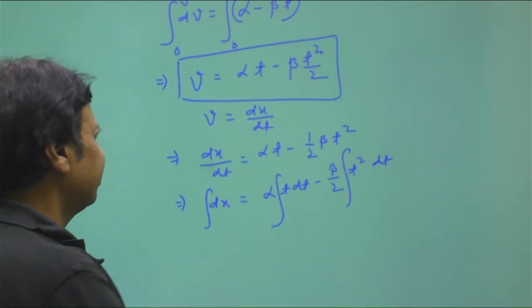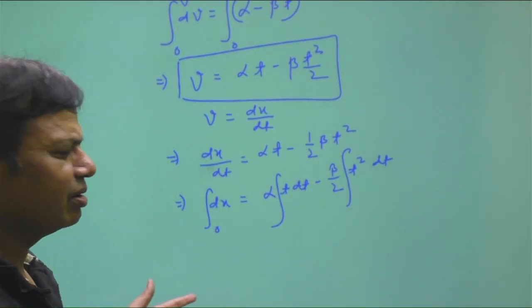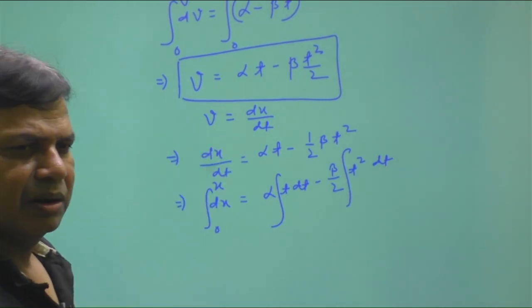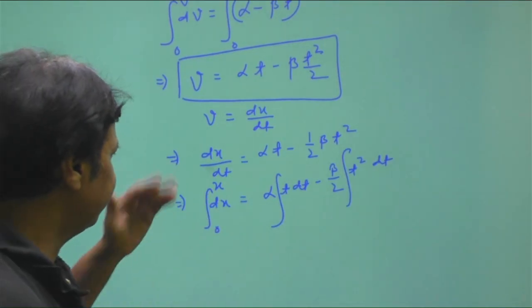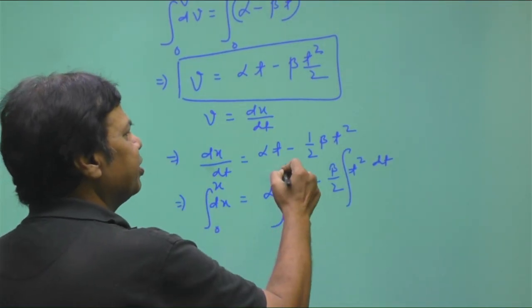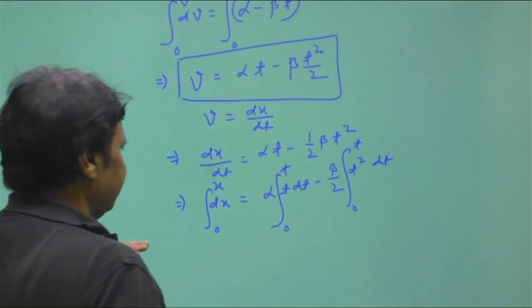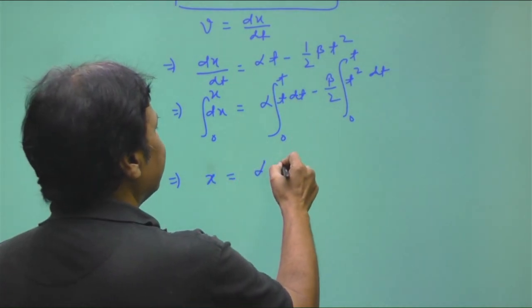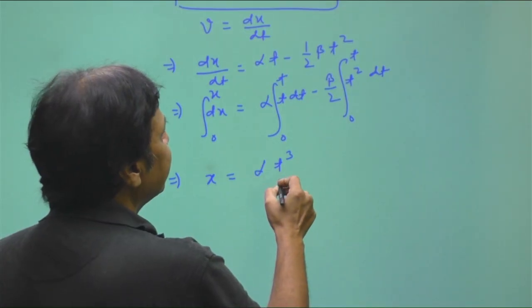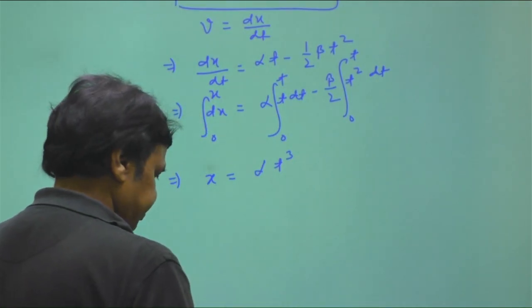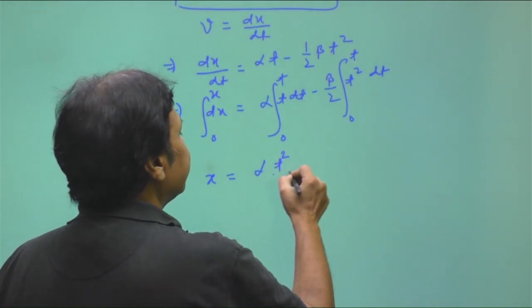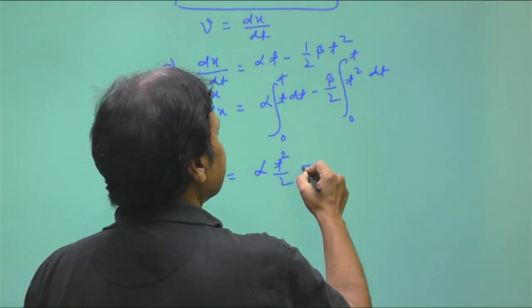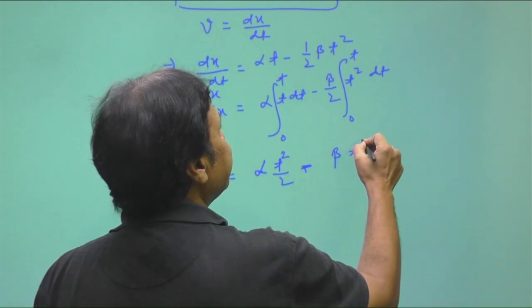You can take the initial value of x equal to 0 as well, and then its x coordinate after time t will become x simply, so you should put limits here like 0 to t, and you are going to get x equals alpha t square by 2 minus beta t cube upon 6.